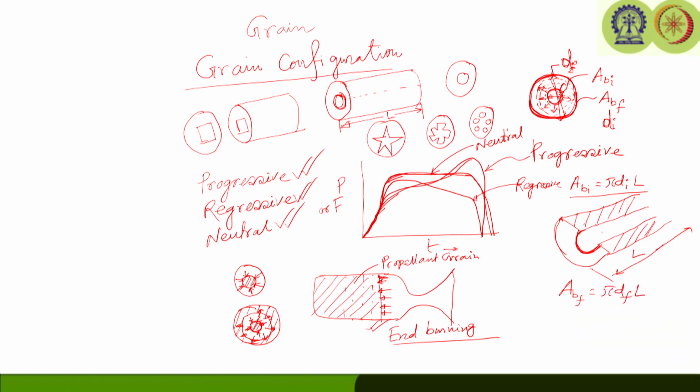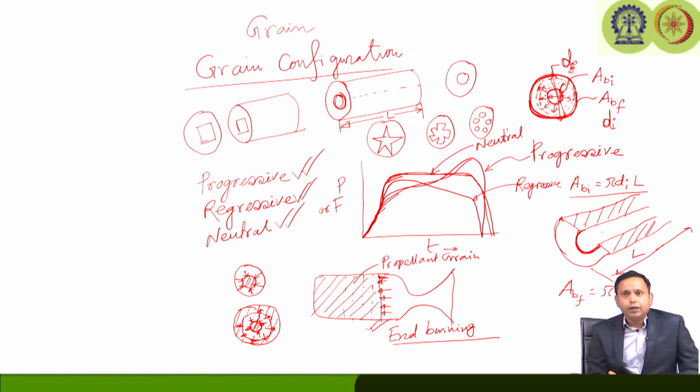But there are certain grains where a combination of longitudinal and radial burning is also possible. There are grain configurations which have a 3 dimensional nature, you can say. So, those are called 3 dimensional grains. We will show you some pictures later in this lecture.